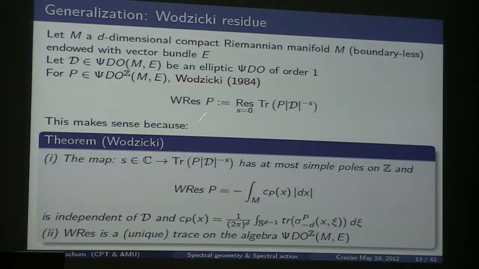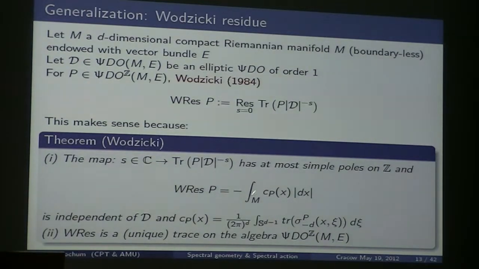But what you see here, there is no D on the left-hand side. And I claim that this makes sense because precisely this is a result of Wodzicki. This map, which is essentially the equivalent of the Riemann zeta function, has at most simple poles on Z. And second, this strange object is actually totally computable.